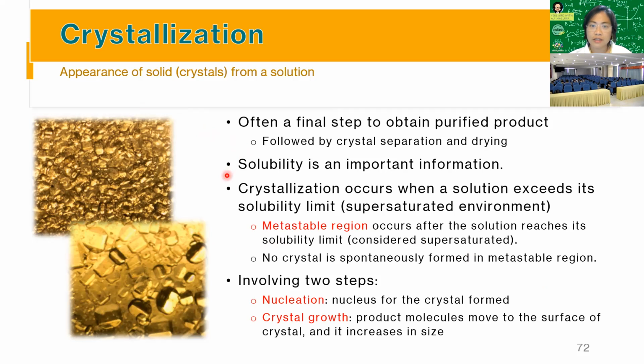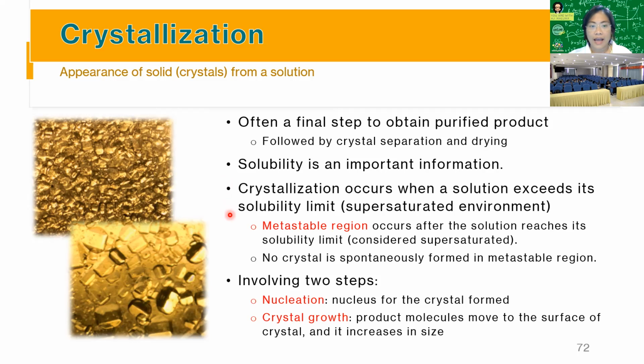Of course, solubility is important information that you have to have if you want to do crystallization. Crystallization occurs when a solution exceeds its solubility limits, so it has to be in a supersaturated environment. I'm not explaining more about supersaturated, but I guess that you understand what supersaturated is.